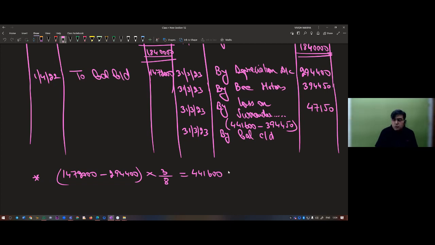The carry down will be 1472,000 minus 294,400 into 5 divided by 8, that is 7,36,000.